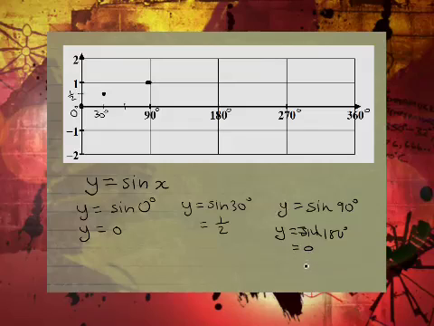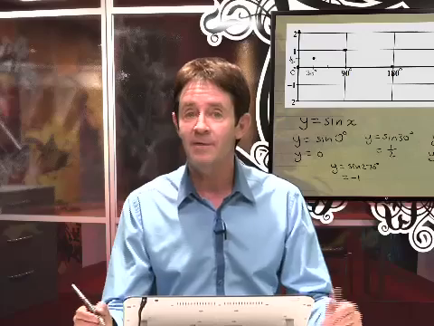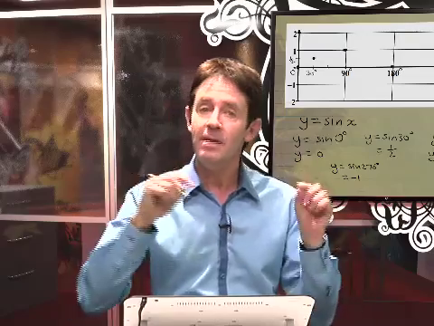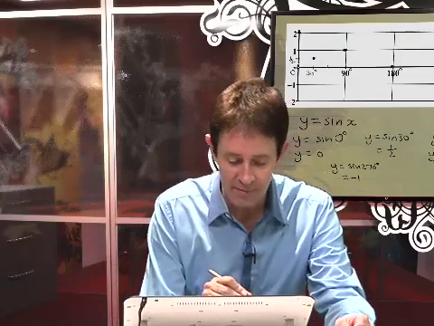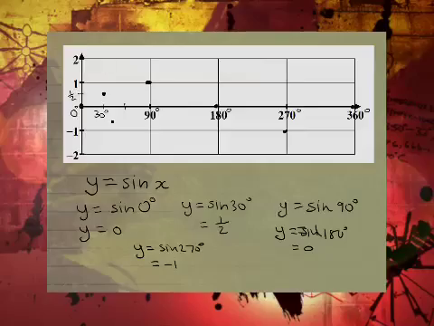And what about 270? y is equal to sine of 270, and that will give us -1 if you work it out in the calculator, and 360 gives you 0. Now people, I've selected 0, 30, 90, 180, 270, 360. You can of course choose 45, 40, all those values, and if you keep plotting the points, the graph will be made up of millions of little dots, and really what the sine curve looks like is something like this.